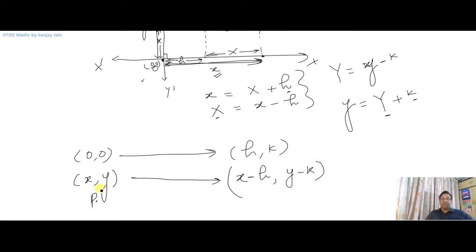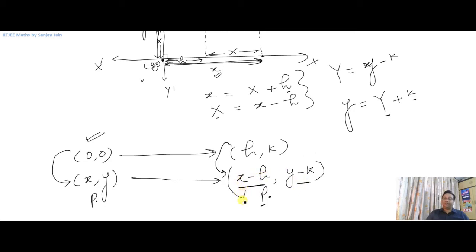Now in this I have not named the new coordinates as capital X or capital Y, right? So if there is a point P, when the origin was at 0 0, it had coordinates x comma y. Now I have shifted the origin to h comma k and now the coordinates of the same point in the new system are x minus h, y minus k.